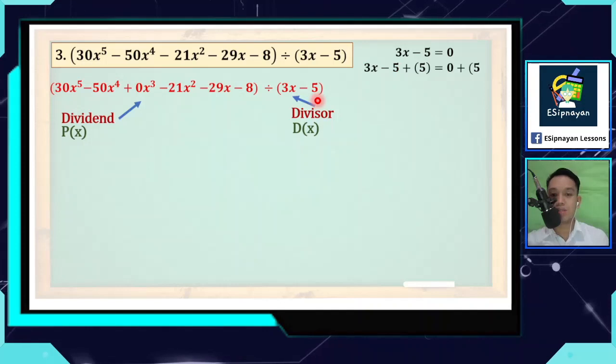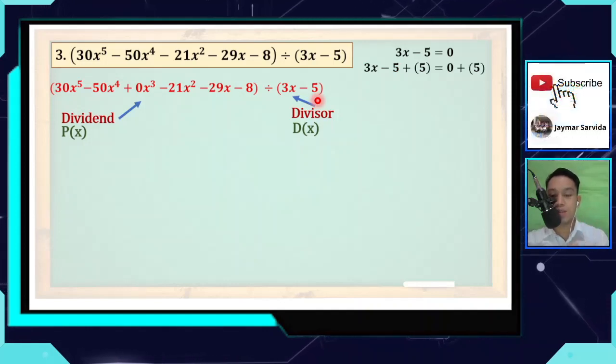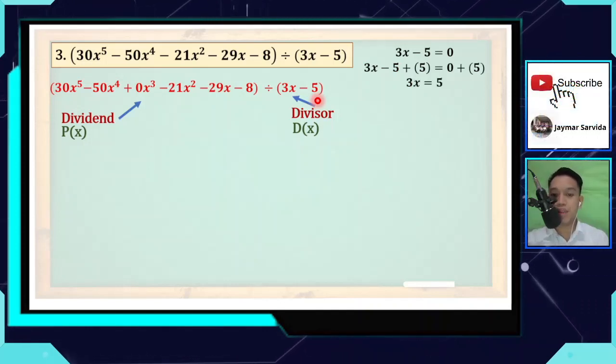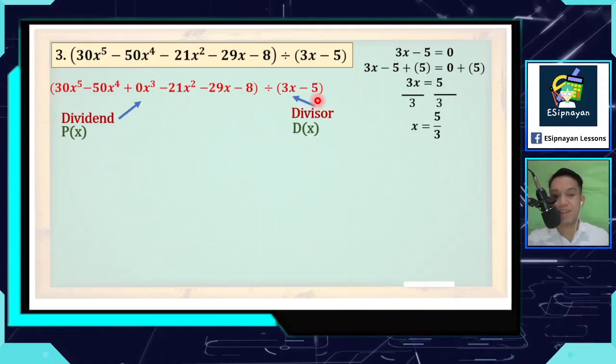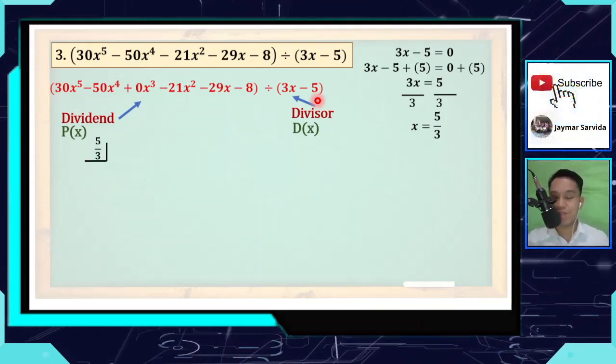So 3x minus 5 plus 5 equals 0 plus 5, and that is 3x equals 5. Divide both sides by 3. So x is equal to 5/3. This is now our divisor, the fraction 5/3.